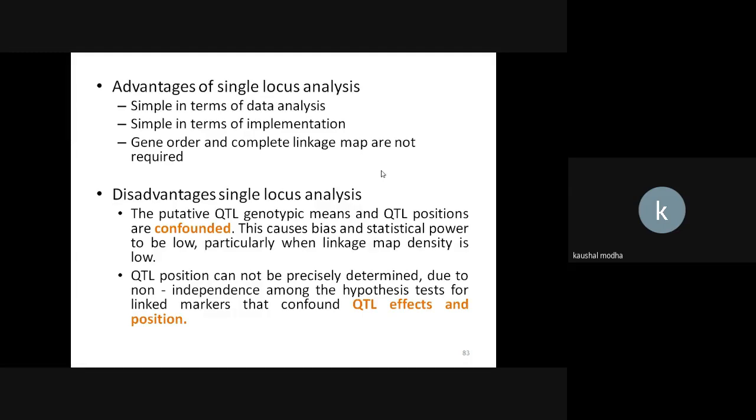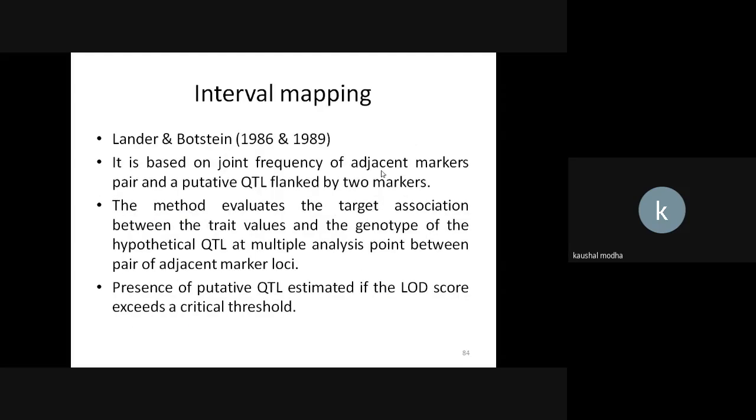Because in single marker analysis, generally gene order maps are not available or are not utilized. And because of that, few markers are studied. And this technique was proposed initially before other sophisticated techniques were found for QTL analysis.